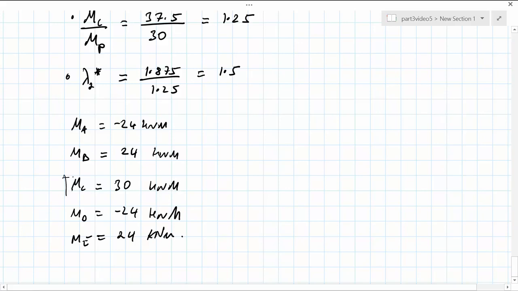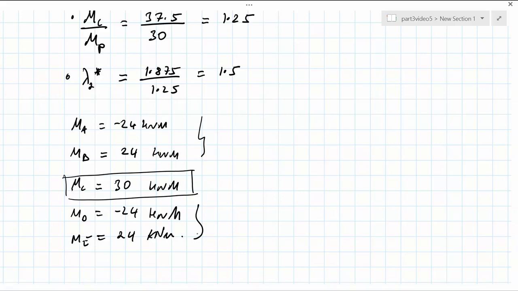We can see here that only one of these bending moments achieves the full plastic collapse capacity, which means that all of these other moments are under the plastic collapse capacity, and as a consequence of this, no plastic hinges will form at these locations.